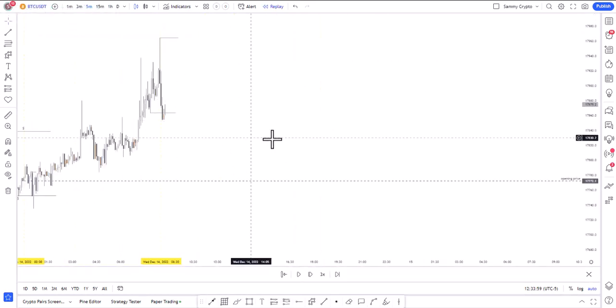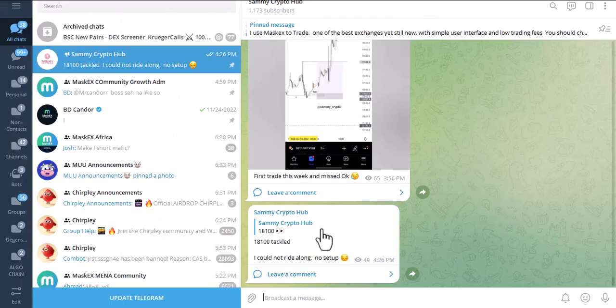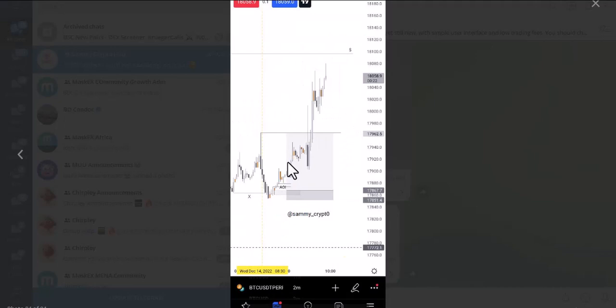So when I saw this, that was when I got into this trade, but I got a missed entry. You can see this trade. So this was 830. Sorry about that.